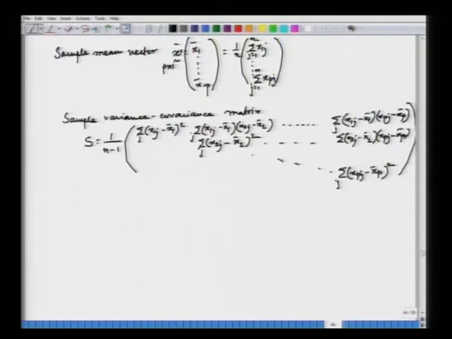So, this is the sample variance covariance matrix I have, with divisor n minus 1, from the sample data. Now our objective: we may either have the complete data or we may have concise data, like the mean vector and the sample variance covariance matrix.